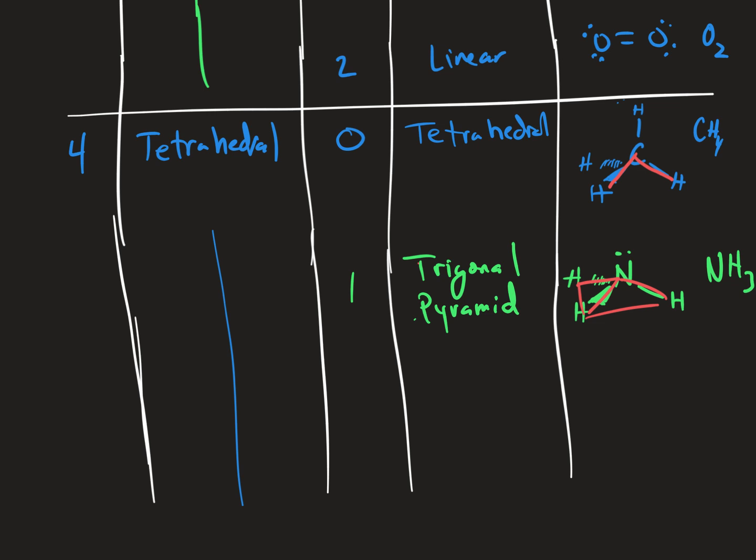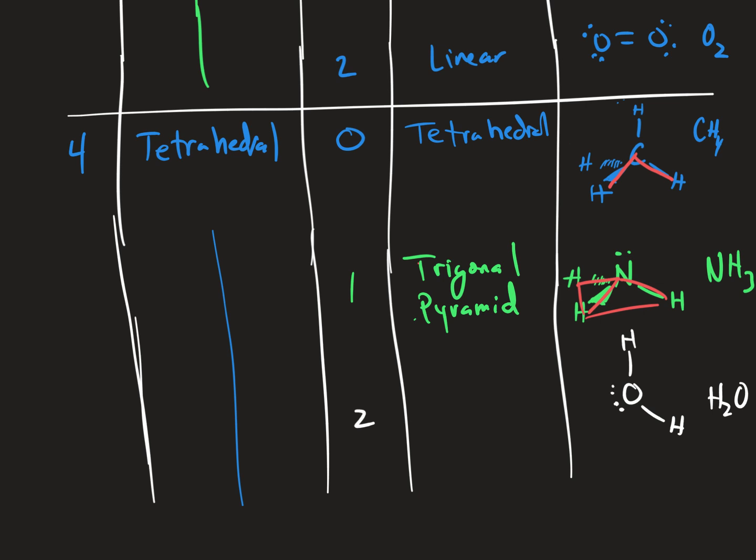And if we have two lone pairs of electrons, like in water, H2O, oxygen's the central atom. I'm going to draw one hydrogen straight up, one hydrogen to the right and down, and then I have this lone pair going into the board or out of the board, this lone pair going into the board.